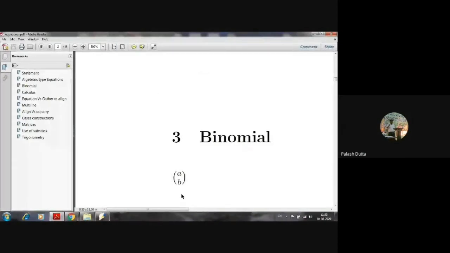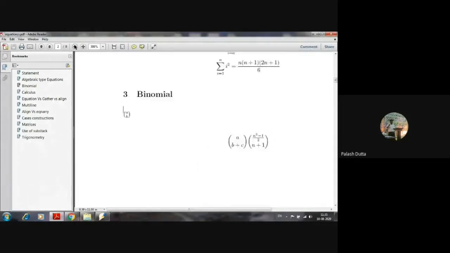Combination aCb, right? Similarly, here it is occurring in this place, meaning on the left, it is left justified because we are using single dollar, right?